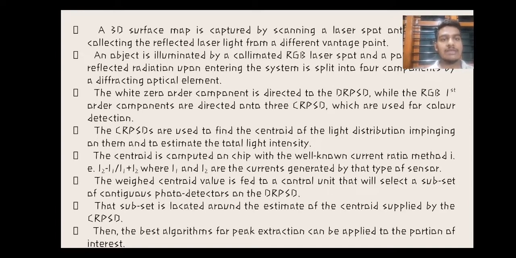CRPSDs are used to find the centroid of the light distribution impinging on them, and to estimate the total light intensity. The centroid is computed on chip with the well-known current ratio method, I2 minus I1 divided by I1 plus I2, where I1 and I2 are the currents generated by the sensors. The subset is located around the estimate of the centroid supplied by the CRPSD.